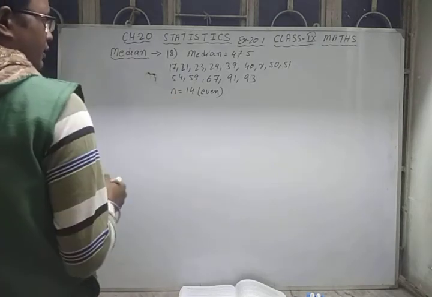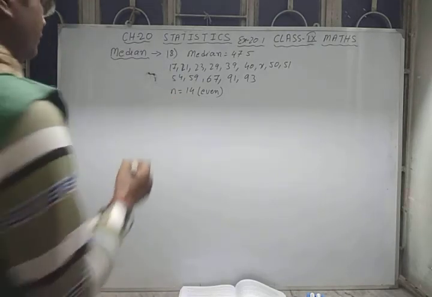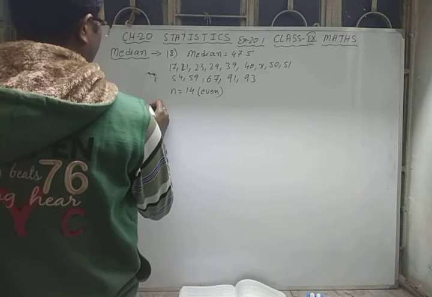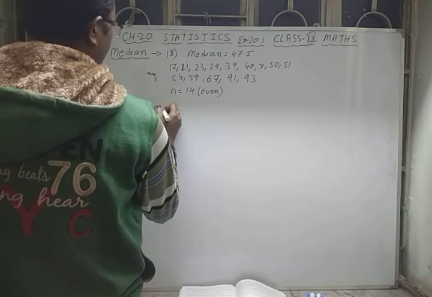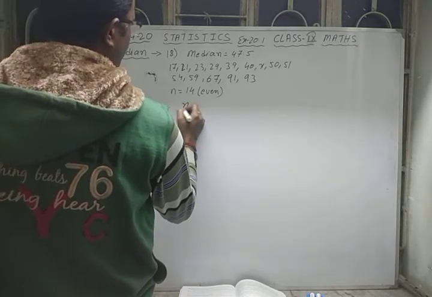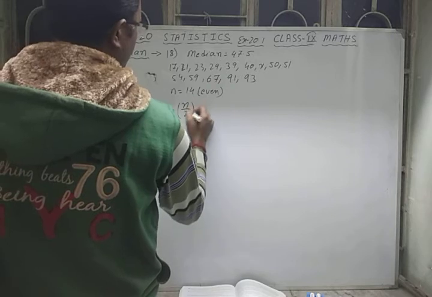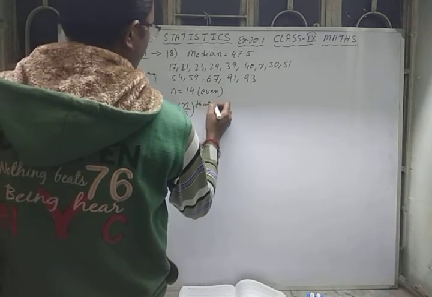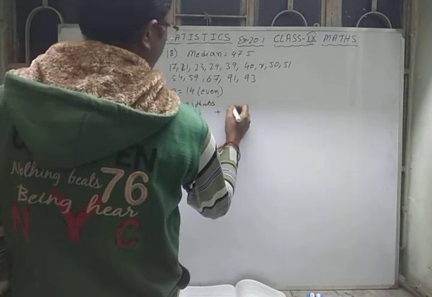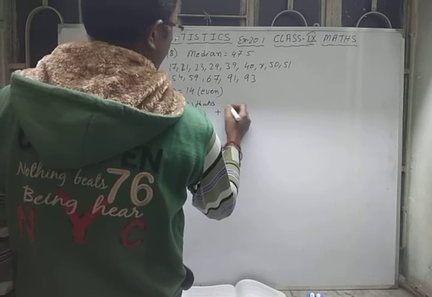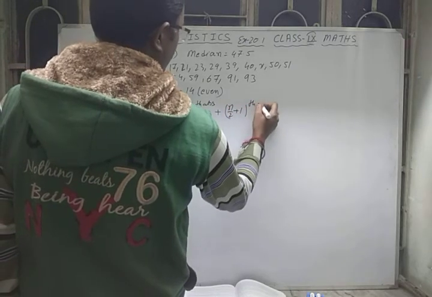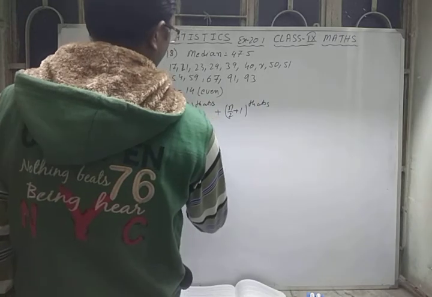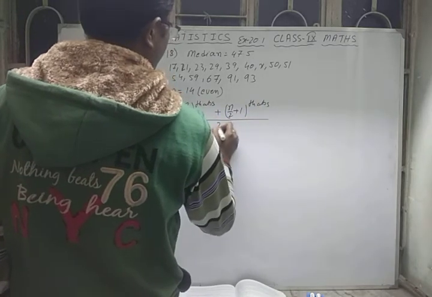So here the number of observations is even, so the median formula for even is the n by 2th observation plus the n by 2 plus 1th observation, whole divided by 2.